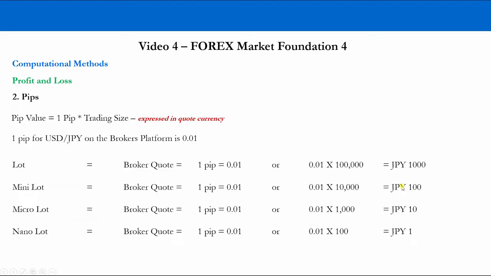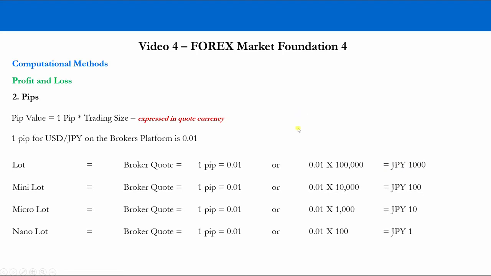Again, all pretty straightforward, and you can apply the same situation and work this out in yen by changing the pip value from the broker's platform into this table, and then multiplying across by the sizes, and you get the pip value expressed in the quote currency.